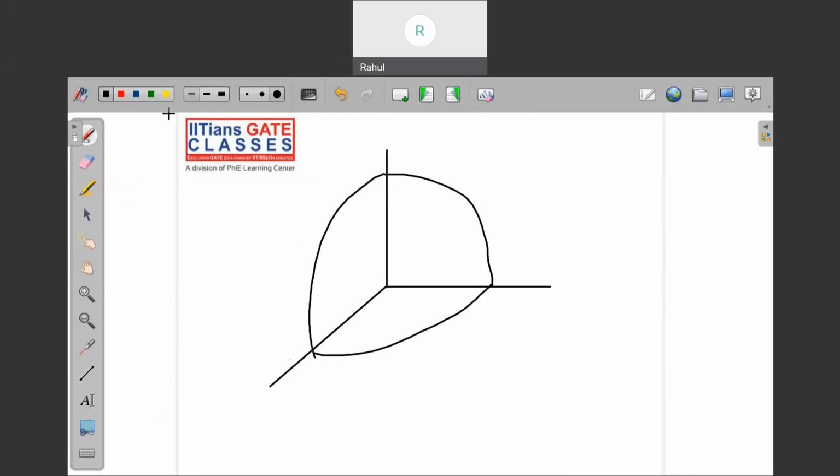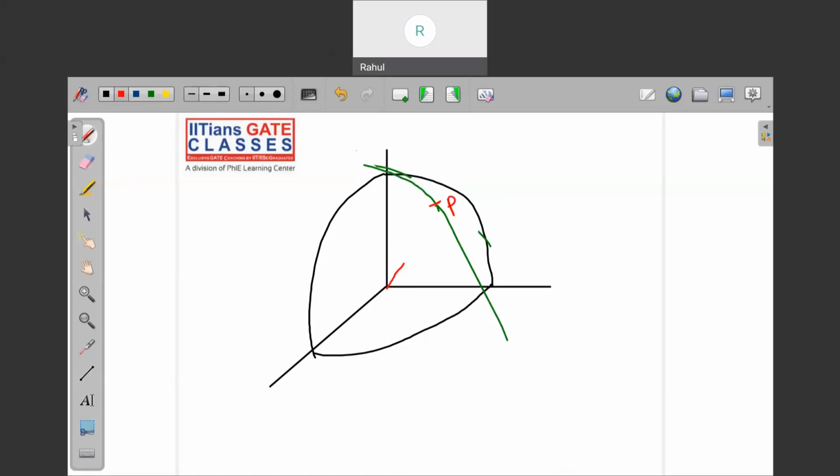Now you have to cut this sphere like this, originating from the z axis, and take the point P here.